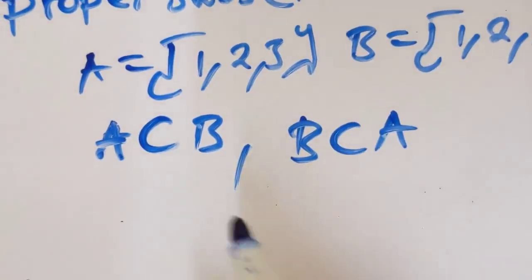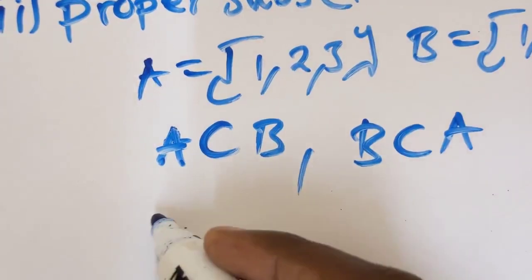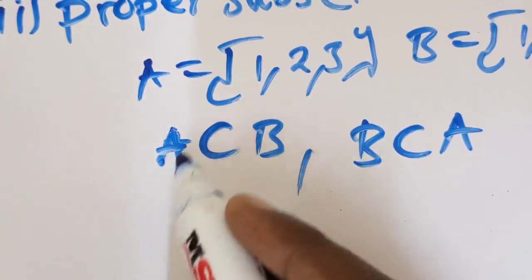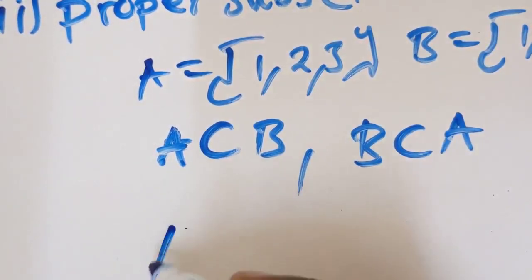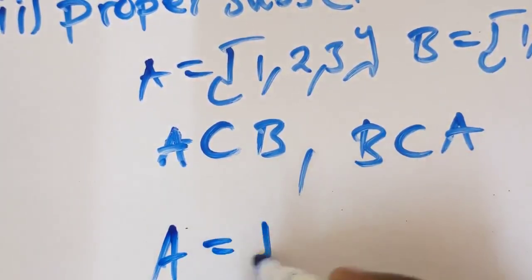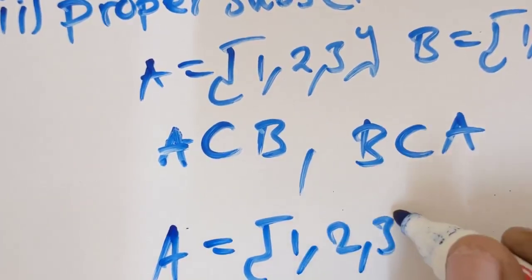I'll also give an example of a proper subset. Let's say you have the same A equal to 1, 2, 3, like that.